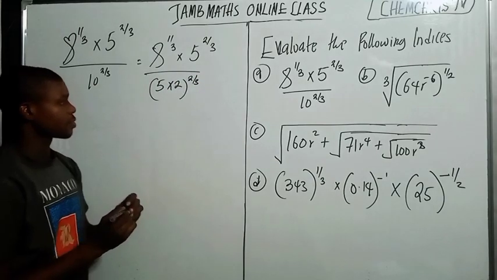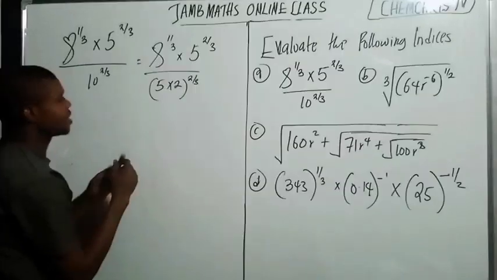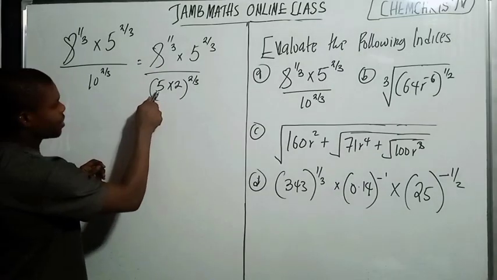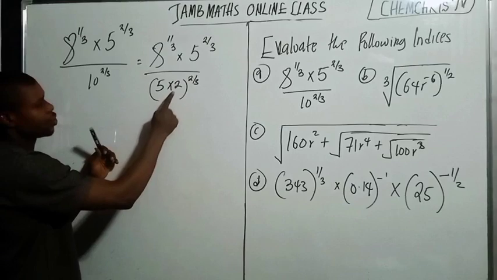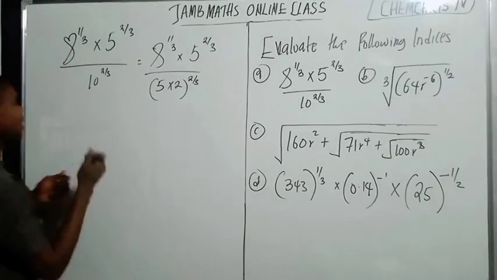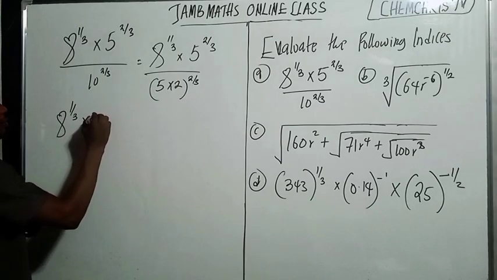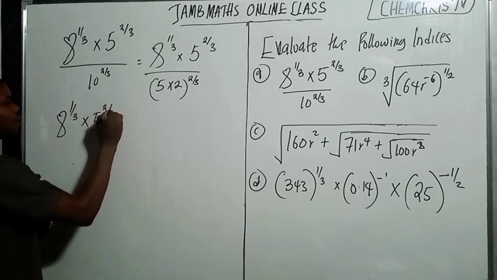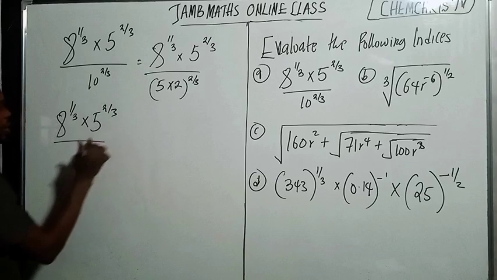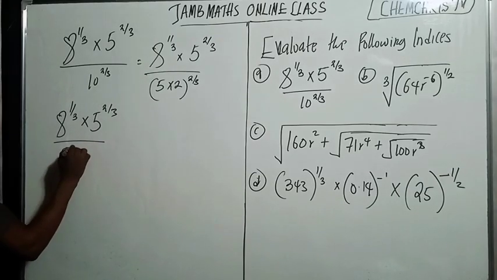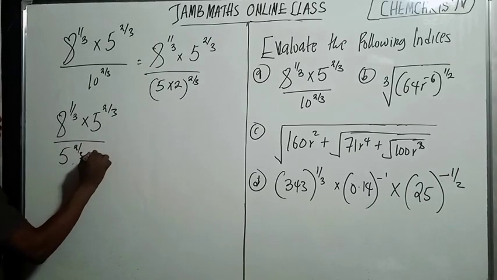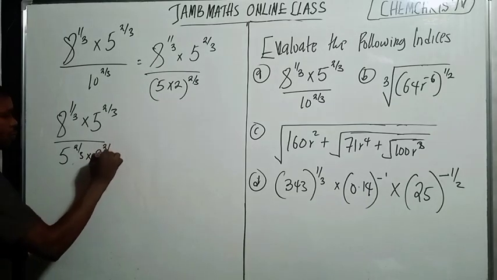I can also write this as 5 raised to 2 over 3 times 2 raised to 2 over 3. So it will be 8 raised to 1 over 3 times 5 raised to 2 over 3, over 5 raised to 2 over 3 times 2 raised to 2 over 3.